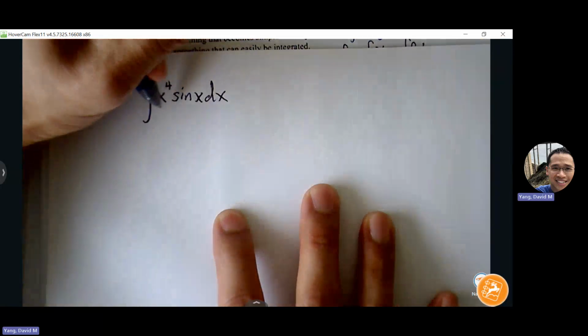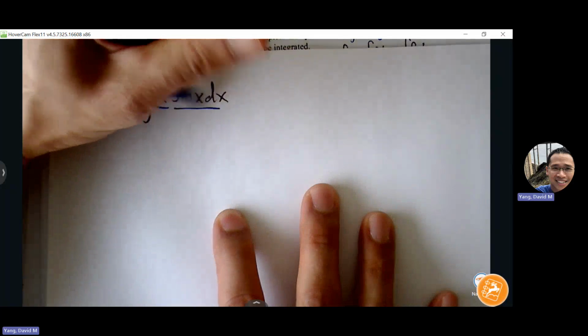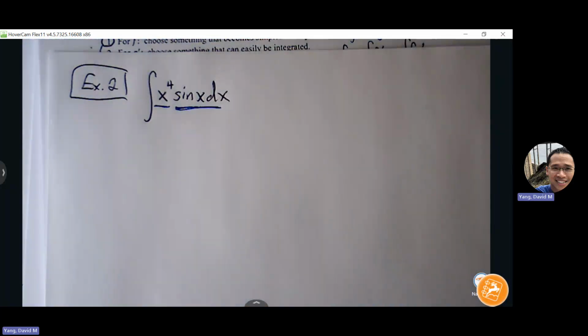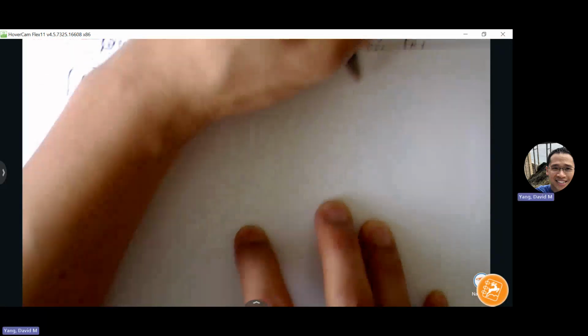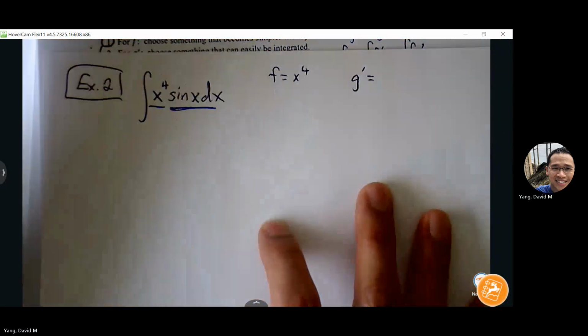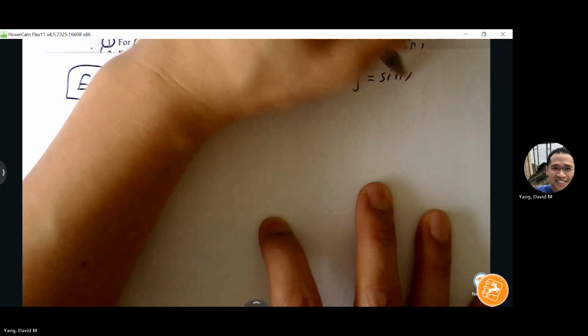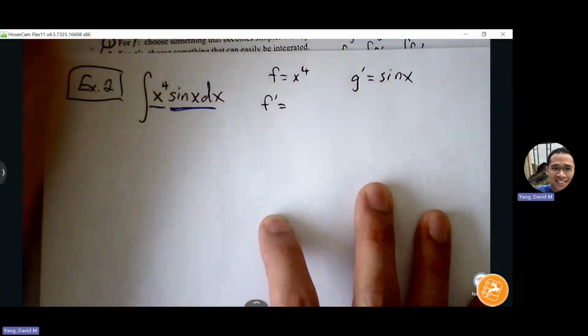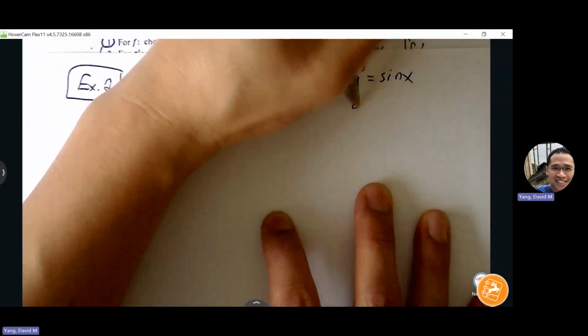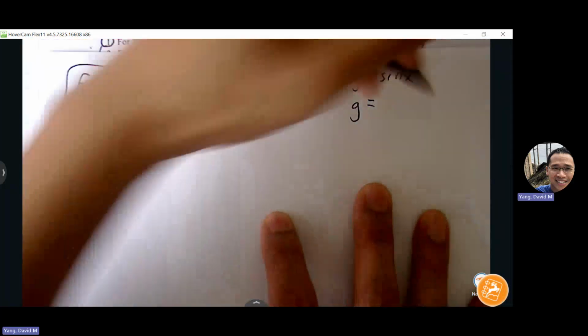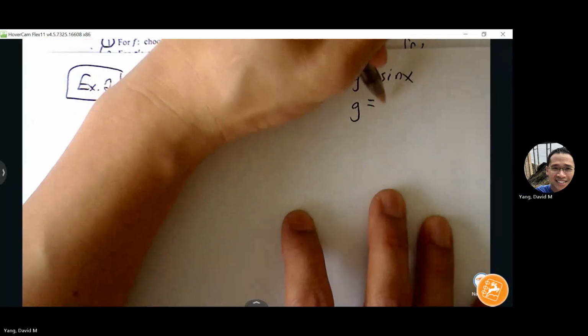Okay, so we have two different families of functions. Again, you've got x to the 4th and sine x dx. What's going to be your f function? What's your g prime going to be? Okay. f prime is 4x cubed. g, the antiderivative of sine is, yeah.